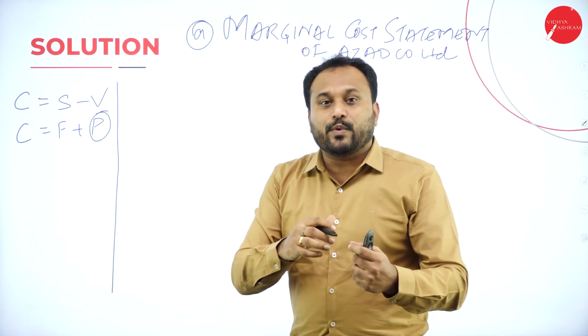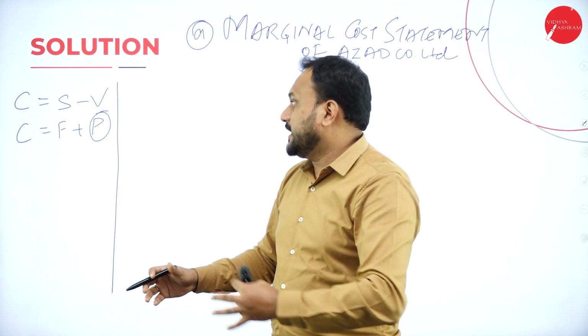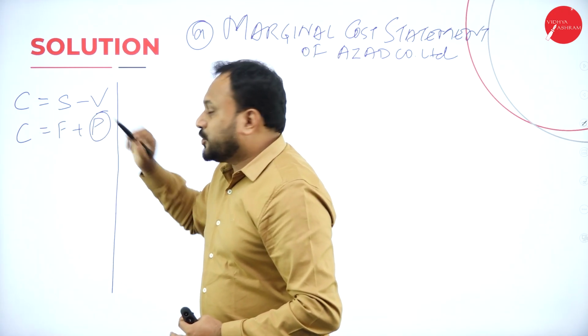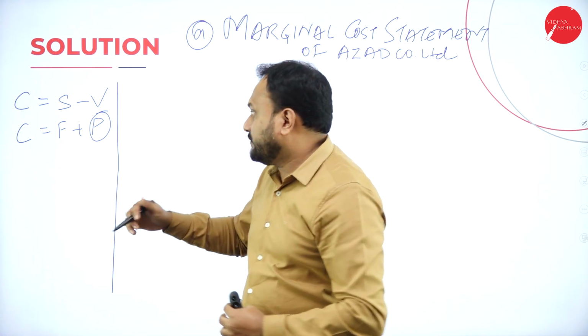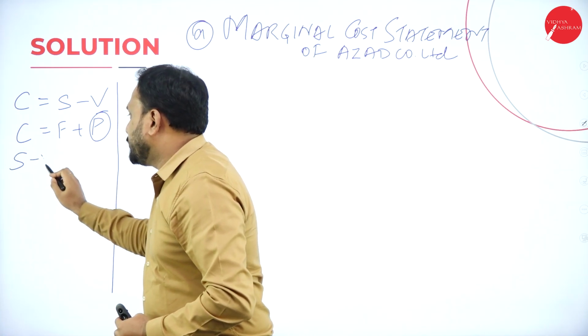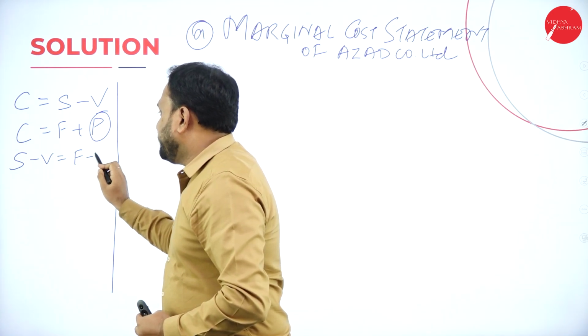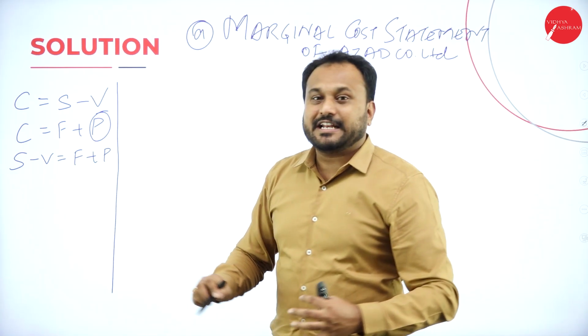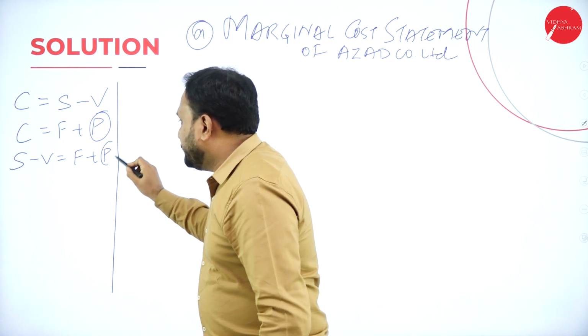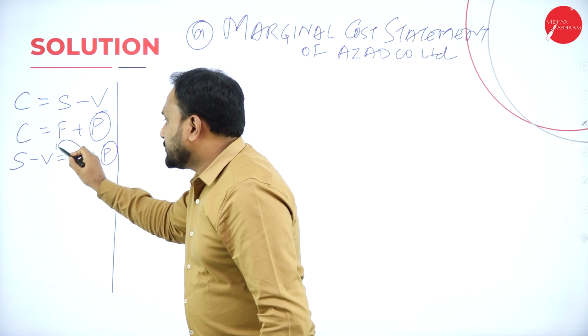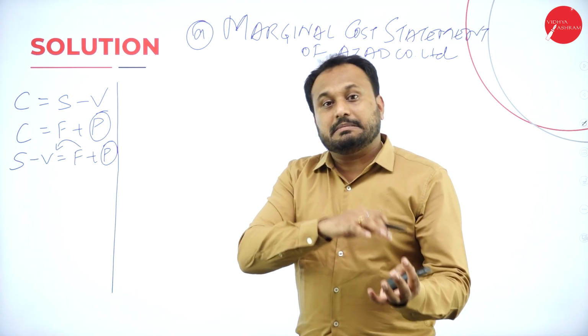Now, how to go with the marginal cost statement formula is, C is equal to S minus V and C is equal to F plus P. Both are equal. So, what was the formula? S minus V is equal to F plus P. Now, I need only profit, no? So, the fixed cost will come here, so it will become negative.